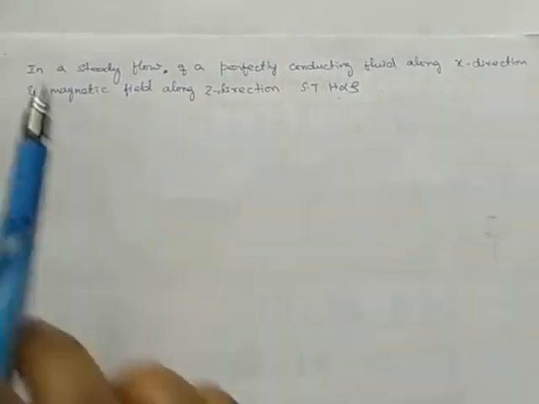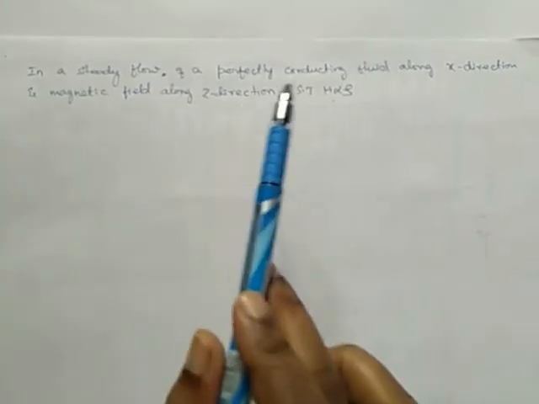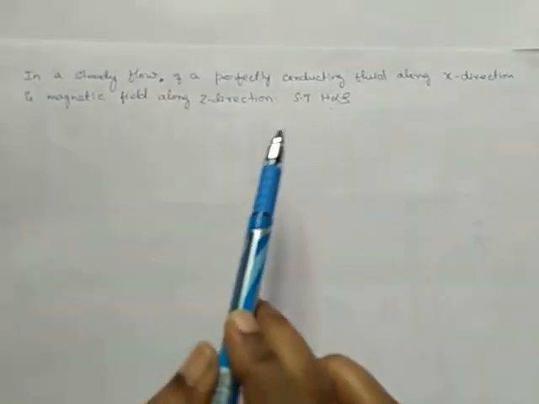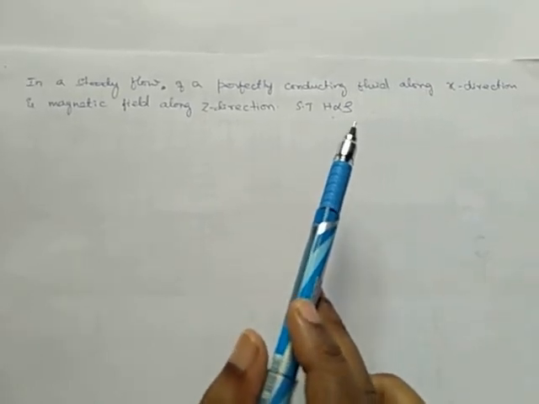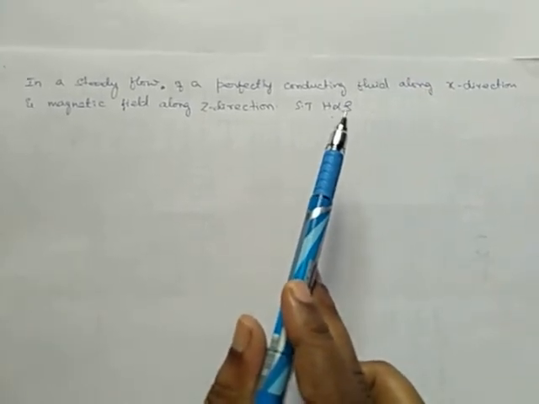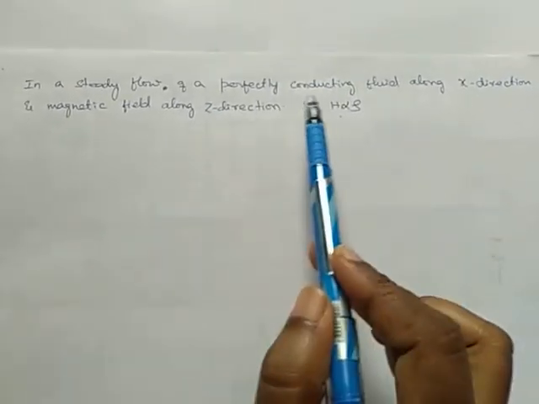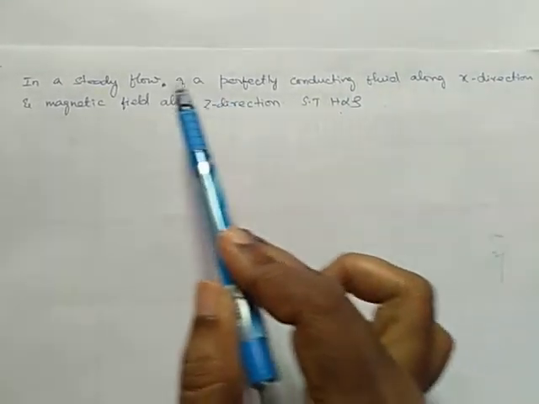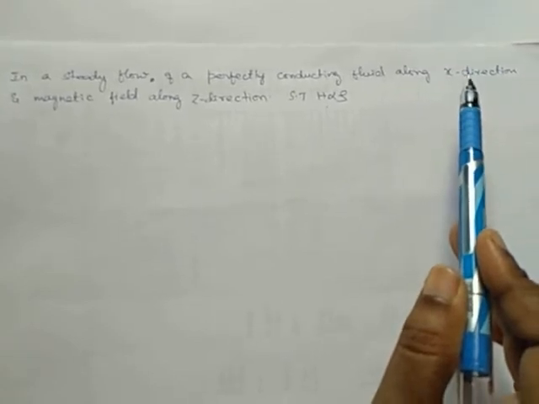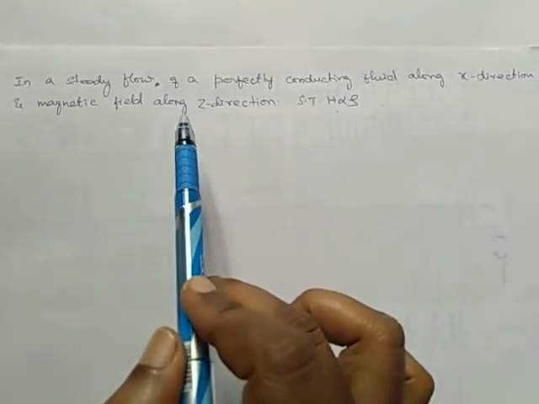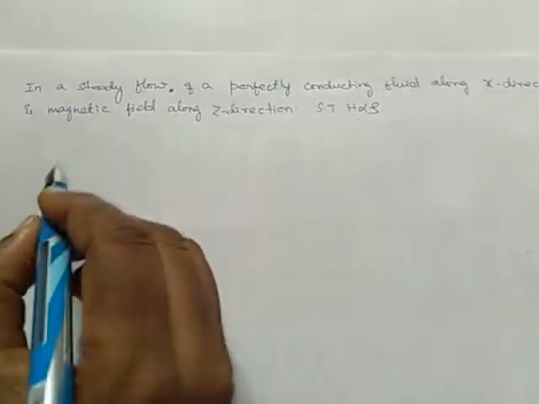For a steady flow of a perfectly conducting fluid, we are going to prove the magnetic field is directly proportional to the density of the fluid. Here, the steady flow is taken along the x direction and the magnetic field is applied along the z direction.